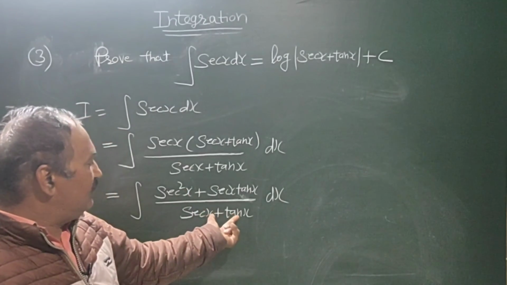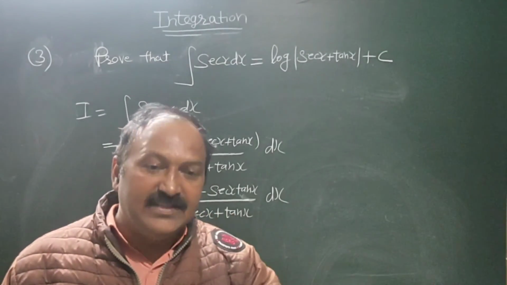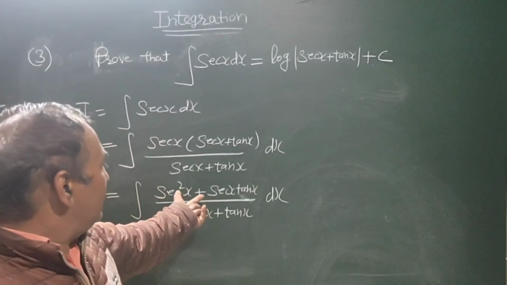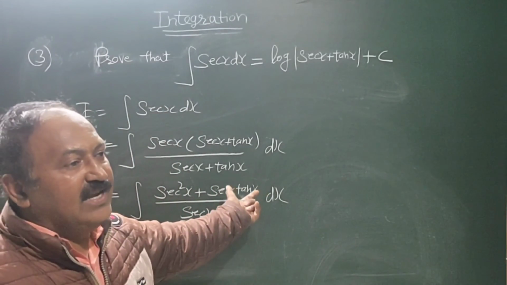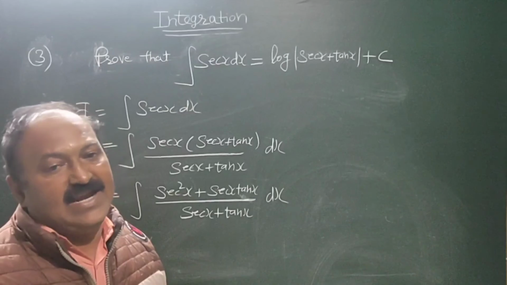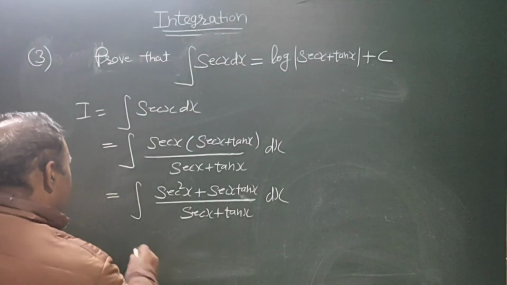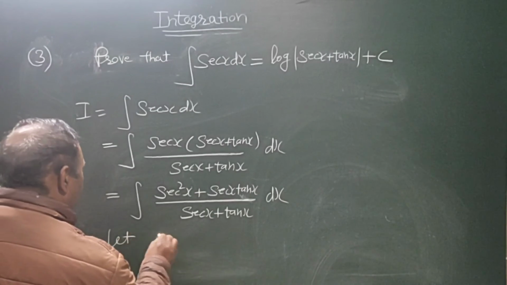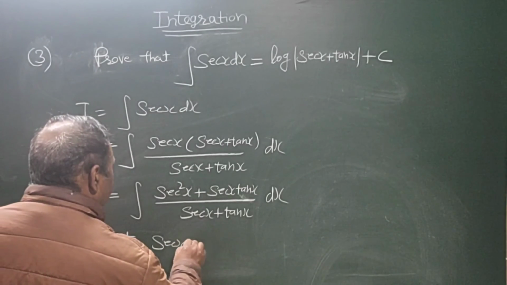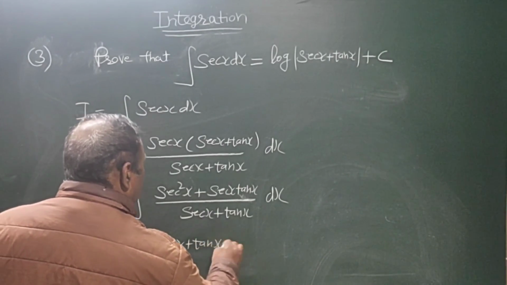Therefore, secant square x plus secant x into tan x into dx will be equal to dz. Let us substitute: let secant x plus tan x is equal to z.